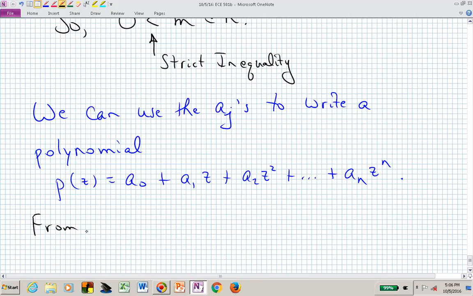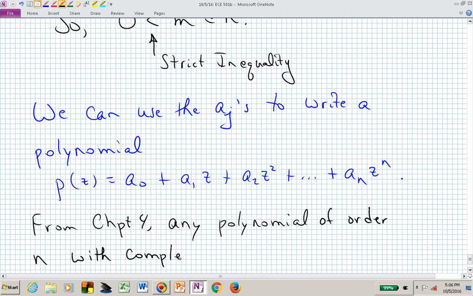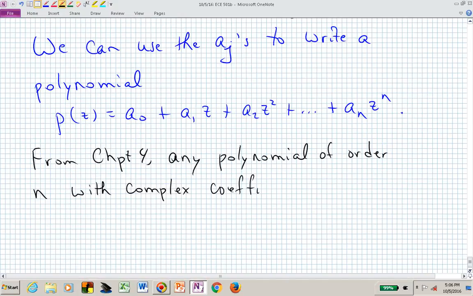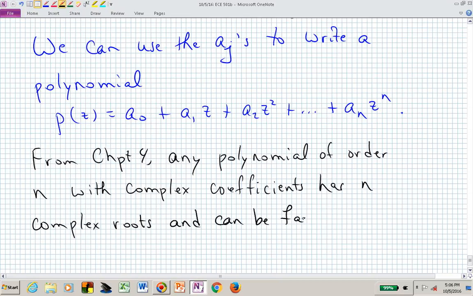So from chapter 4, any polynomial of order n with complex coefficients has n complex roots, and can be factored into n terms.